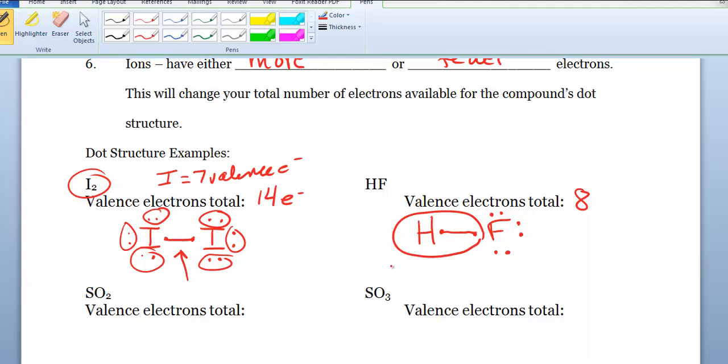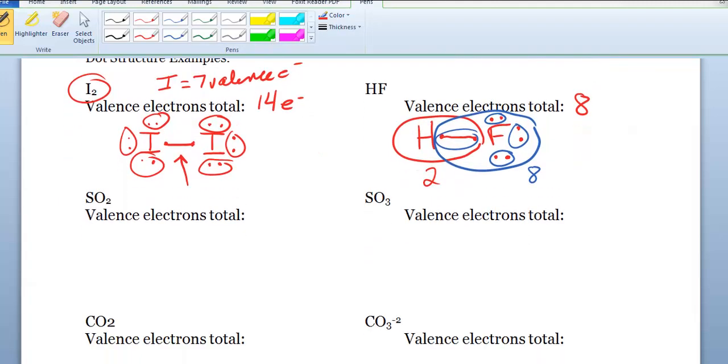That's exactly what hydrogen wants. Fluorine, on the other hand, has a total of 8 valence electrons: 3 lone pairs and 1 bonded pair. That gives fluorine its 8, and that gives hydrogen its 2. That is exactly what each of them want, and so we have a good structure for our hydrogen fluoride molecule.